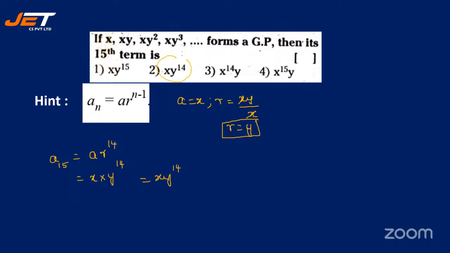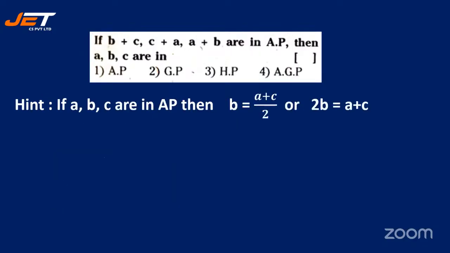So option 2 must be the correct one. Let's see the answer. Xy to the power 14. Okay, so here by mistake it has been highlighted for students. The answer is only the second one, xy to the power 14. See, even they have worked it out, xy to the power 14. By mistake it has been highlighted as 4. The answer is 2. Right.